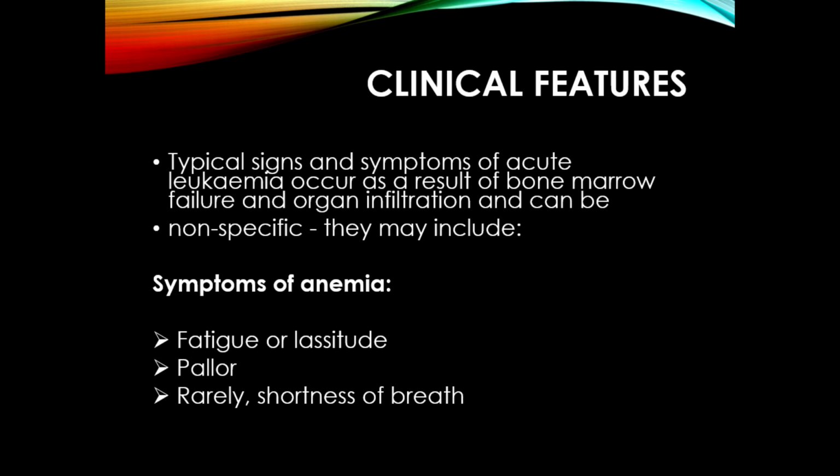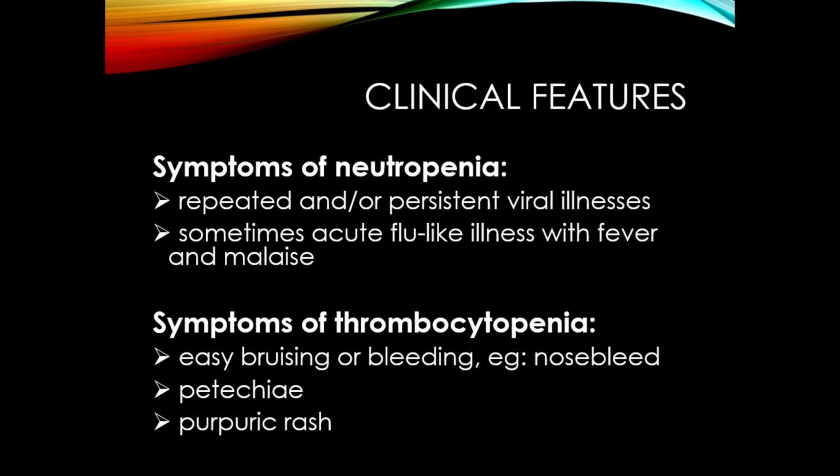As well, they can present with repeated and persistent viral illnesses due to neutropenia, as well as acute flu-like illness with fever and malaise. So they usually come complaining of having a fever and an upper respiratory tract infection that is not resolving for the last 2 to 4 weeks.